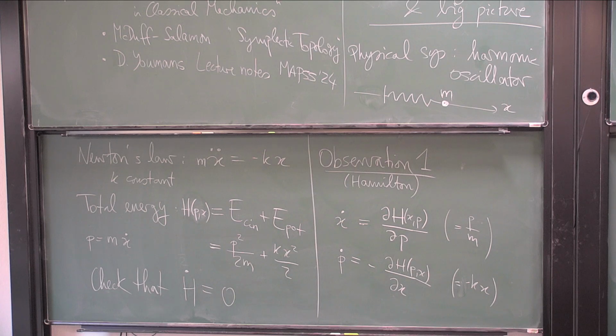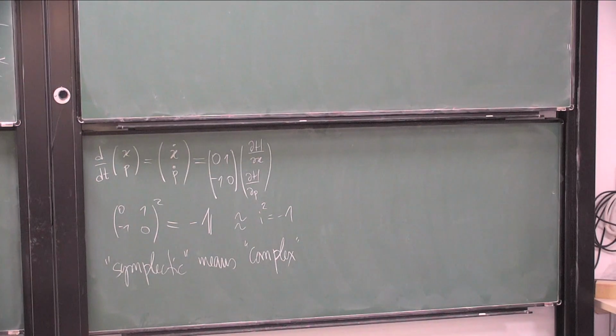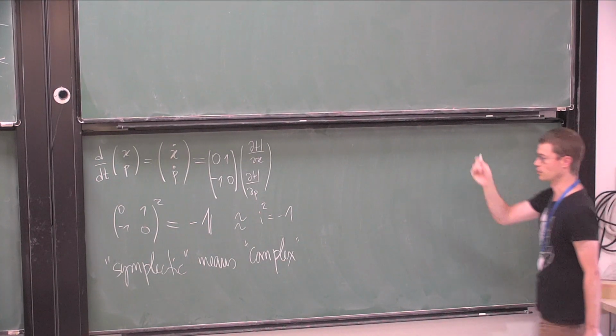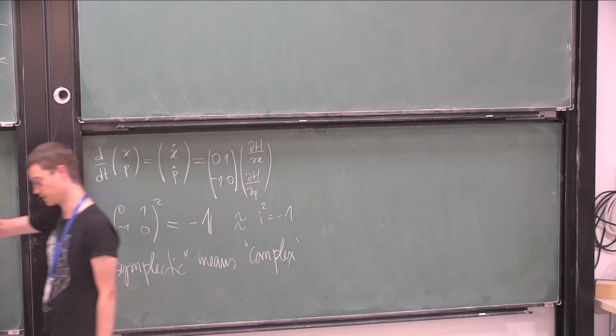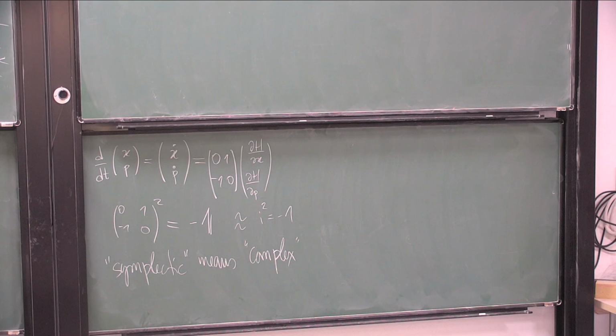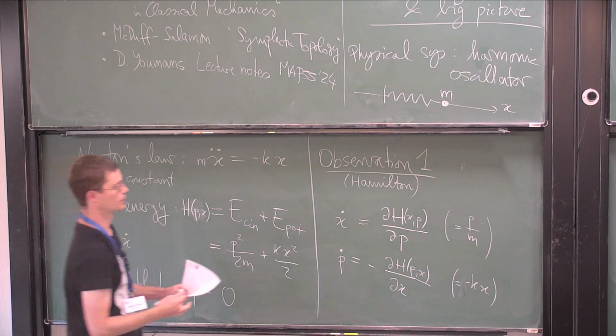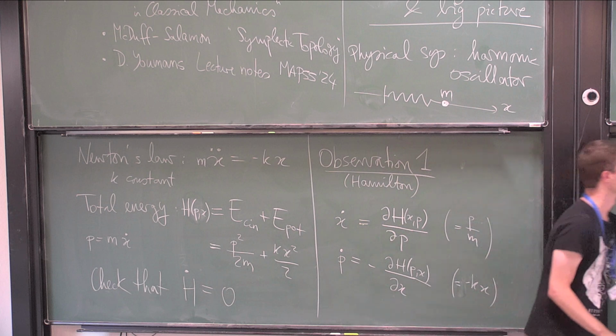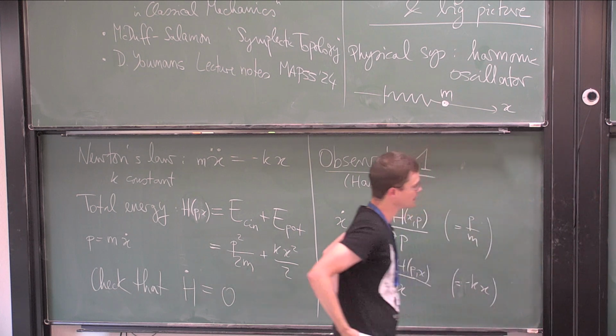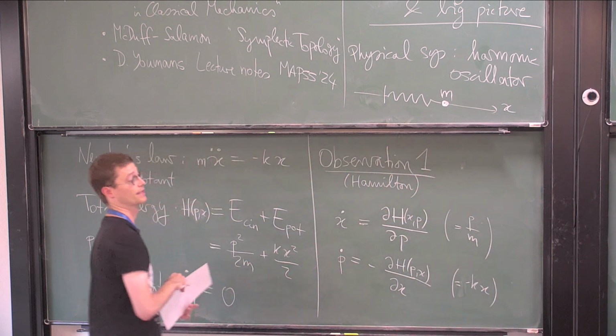There are a lot of links between symplectic geometry and complex geometry, but it's not really the focus of the course. It would be a very interesting way to go, especially for those who know a little bit. It's called Kähler geometry, where you get a very strong link between these two objects. But historically, that's where the name comes from.